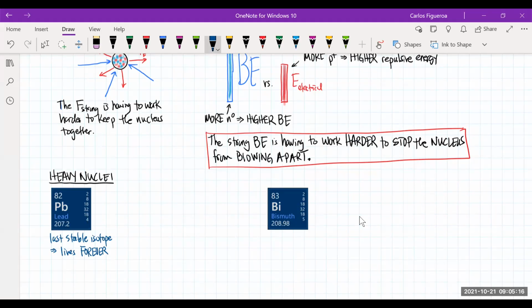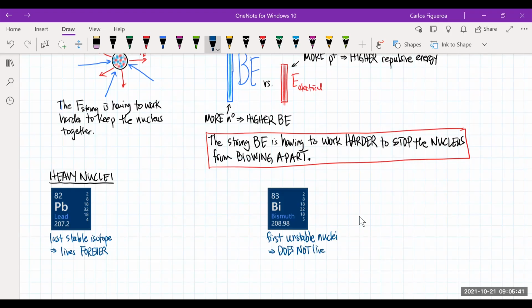This guy is the first radioactive, maybe let's not say radioactive since I haven't talked about radioactivity. This is the first unstable nuclei.